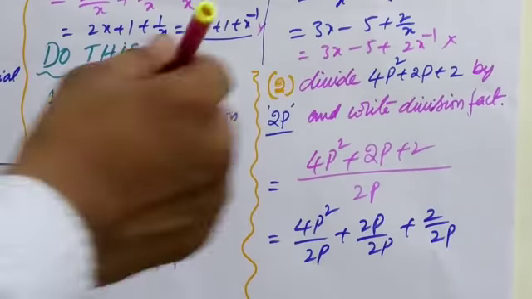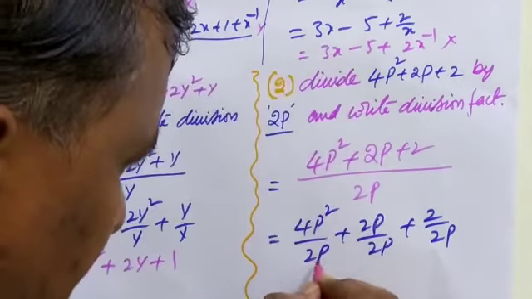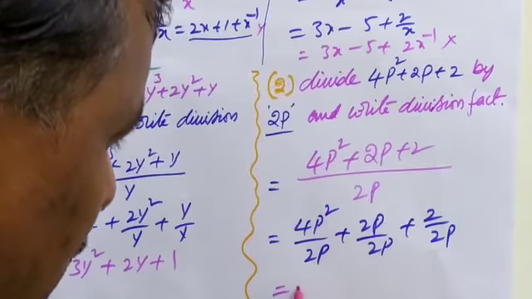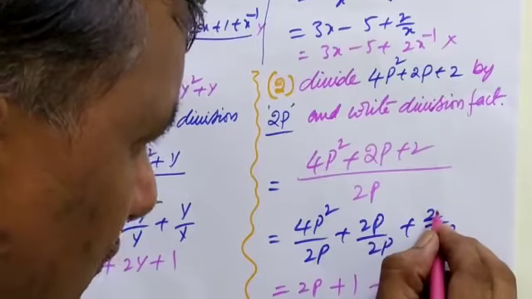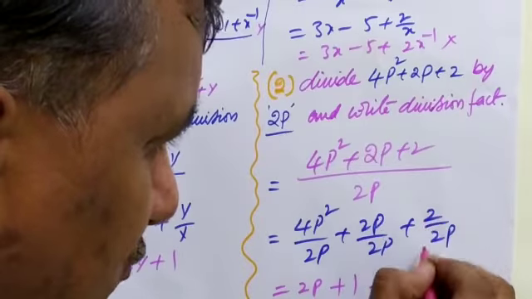Cancel: p square by p means p, and 2 1s are 2, 2 2s are 4. Therefore, 2p plus 2p by 2p means 1, plus 2 by 2p, where the 2 gets cancelled.